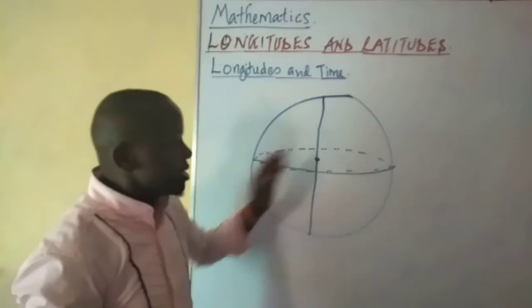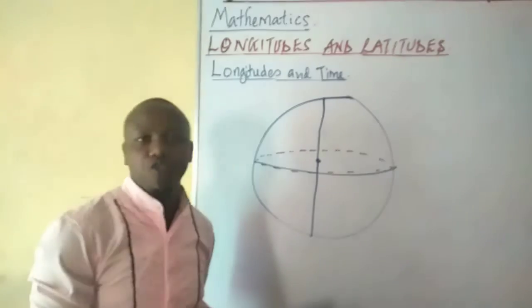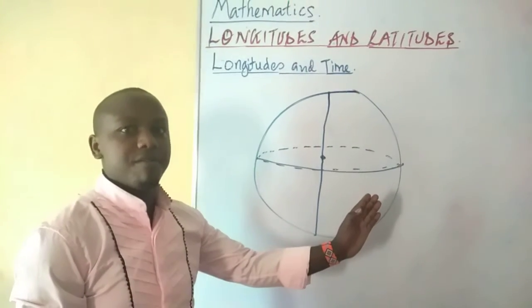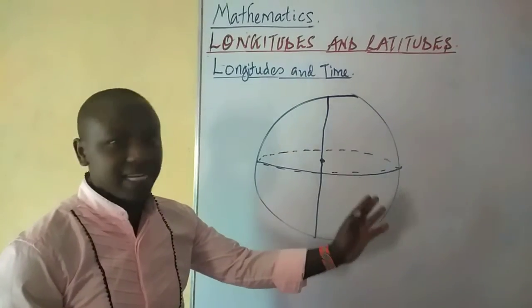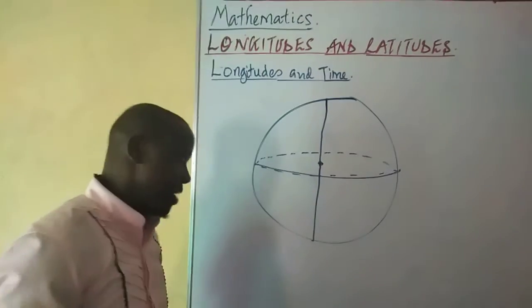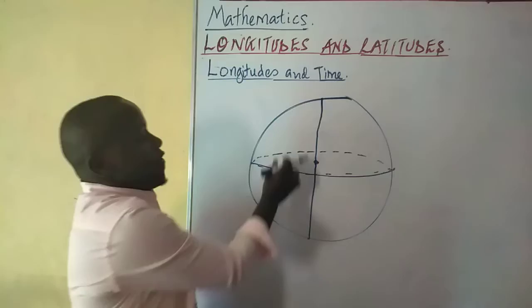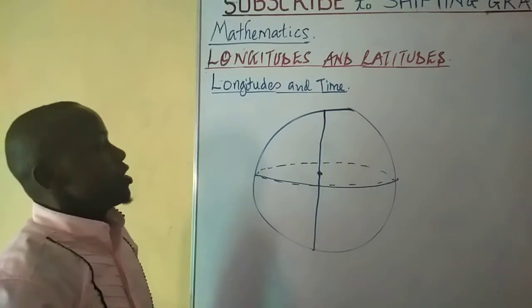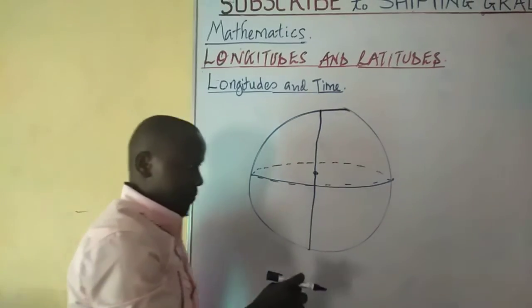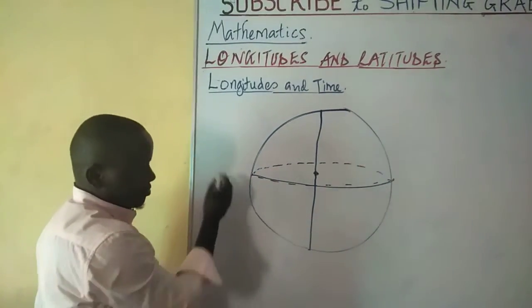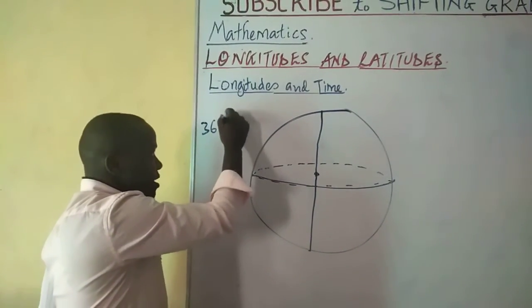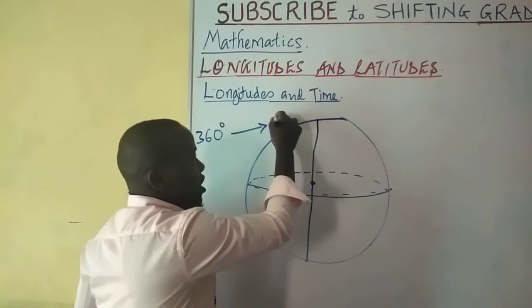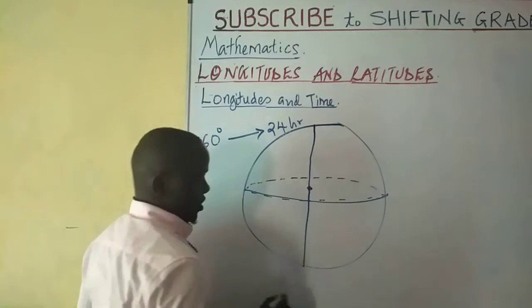And because we know that the Earth rotates, it rotates for 24 hours, or what we call a complete day, which has 12 hours for night and 12 hours for the day. Therefore, for the whole globe to go around the Earth's surface, because it is circular, we say that the 360 degrees rotates for 24 hours.